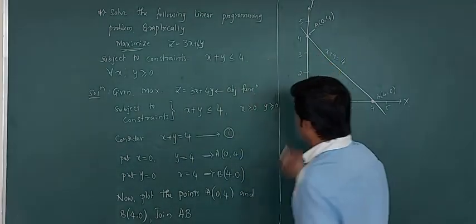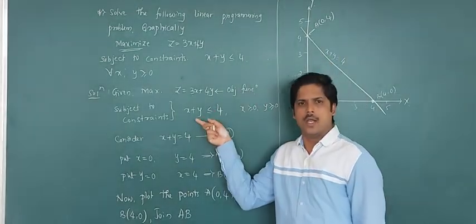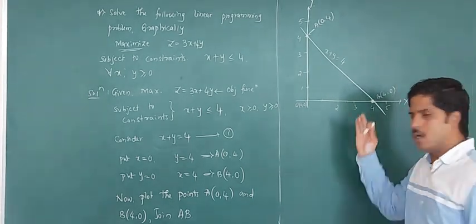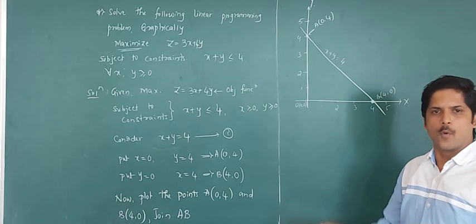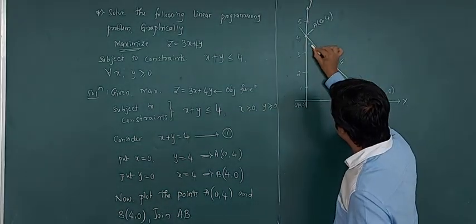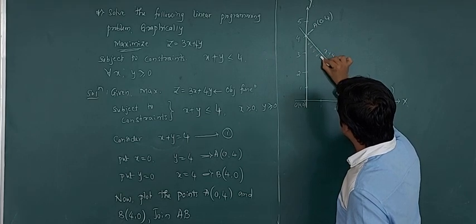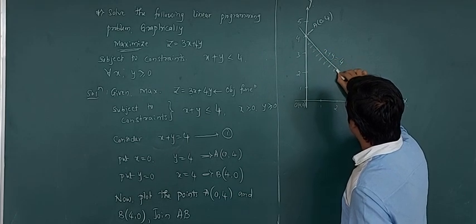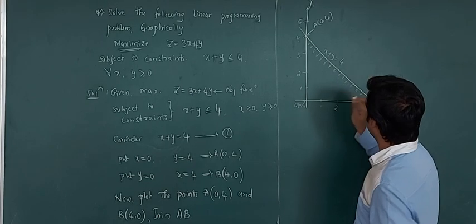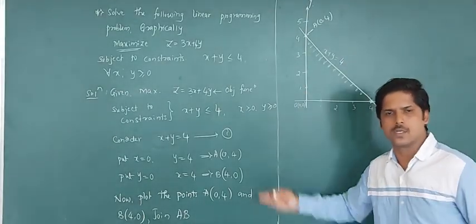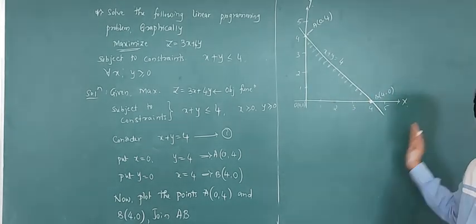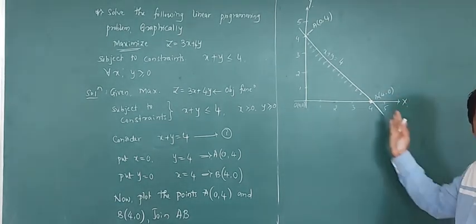And our equation is an inequation. So x plus y is less than or equal to 4. Less than or equal to 4 means the points are moving towards 0. Here we have only one line, so our region is towards 0. If it is greater than or equal to 4, then it moves away from 0, towards the positive direction.